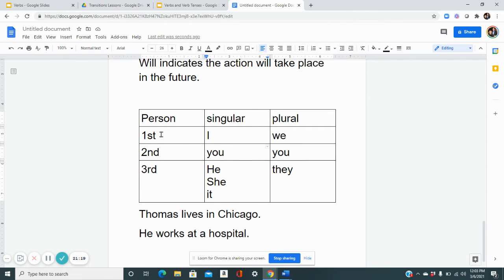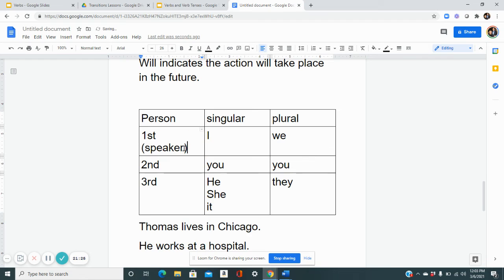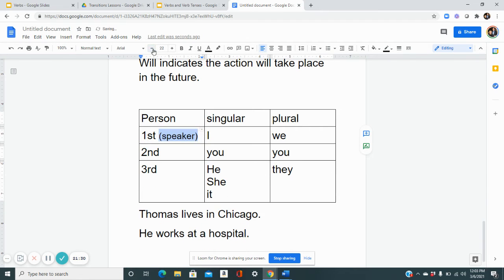So first person is the speaker, the one doing the talking. Make that a little small. Second person is, we'll call that the listener. It's the audience.